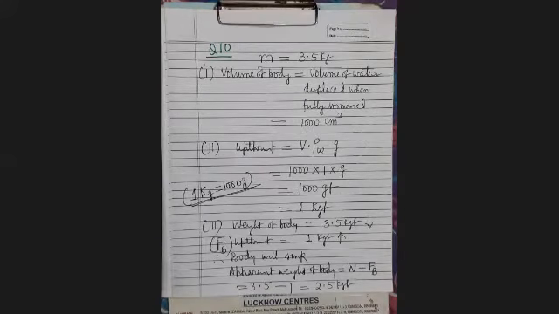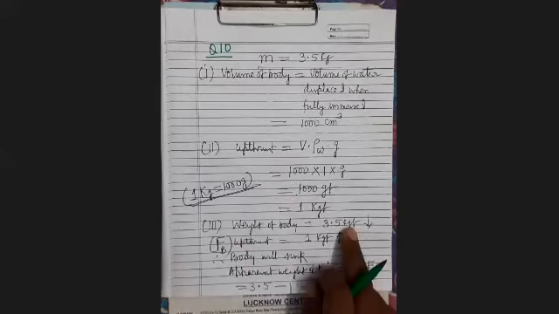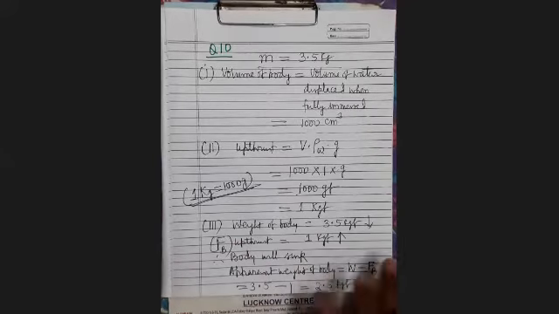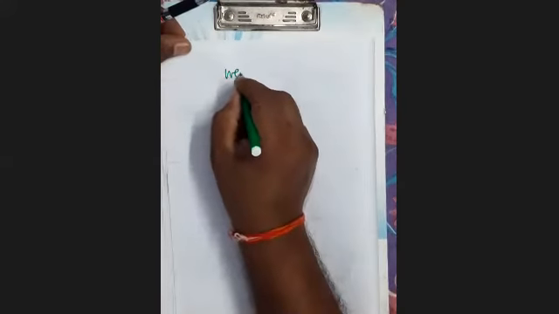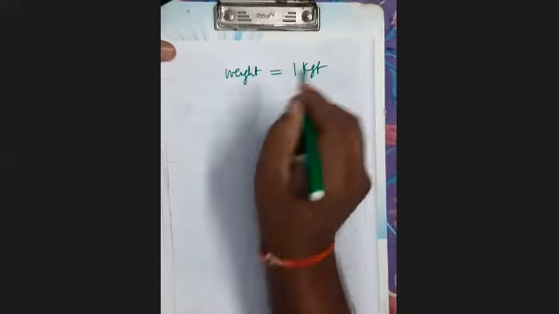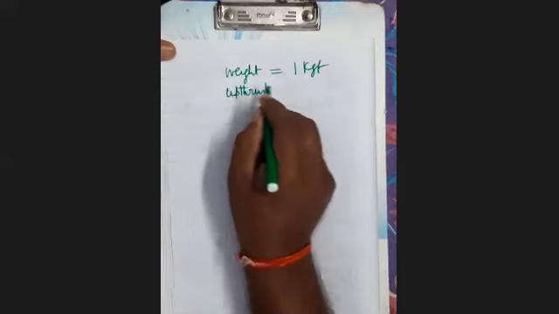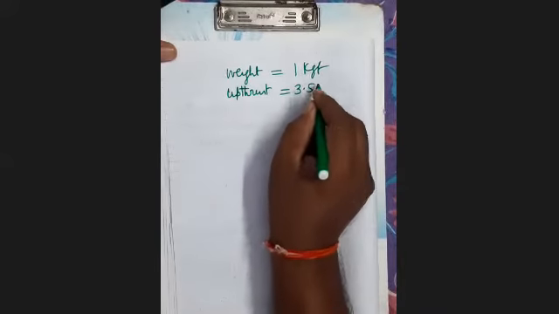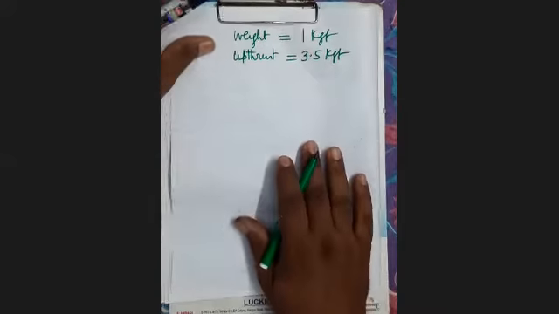Now see here. Suppose in the same question, here weight is 3.5 and upthrust is 1. Suppose if it is like this, weight is 1 kgf and upthrust is 3.5 kgf. In this condition, what will happen?